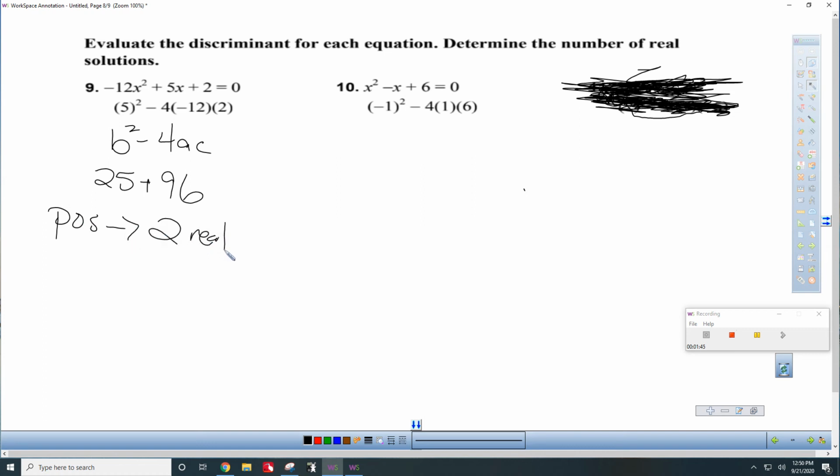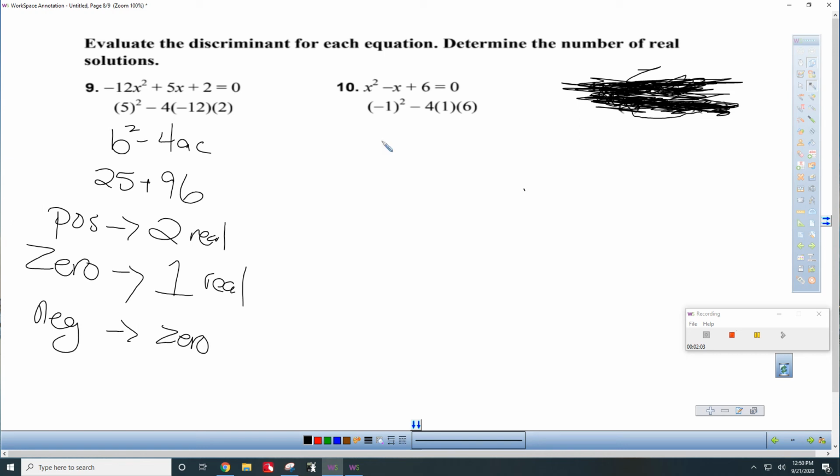Okay? If it's 0, then there is 1 real solution. And if it's negative, then there are 0 real solutions because they are both imaginary.